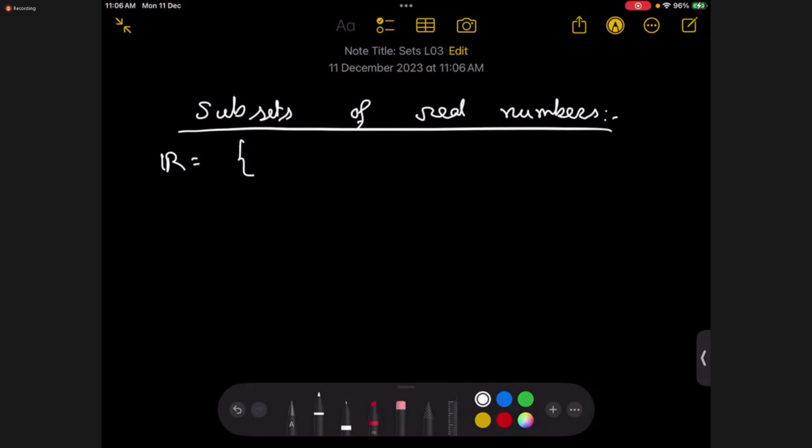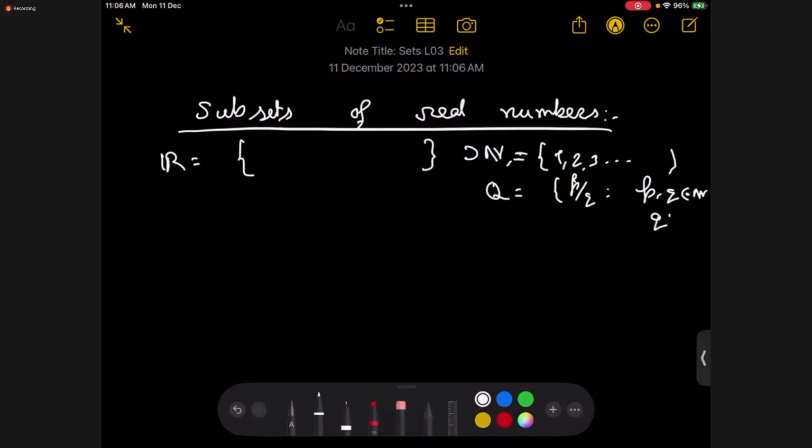Okay, so this contains every kind of set, like the natural numbers, which contain all the elements like 1, 2, 3, 4, and so on. Rational numbers of the form p by q, where p and q belong to the natural numbers and q is not equal to 0.